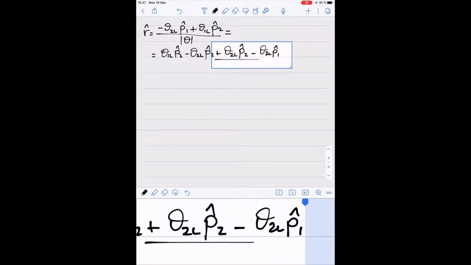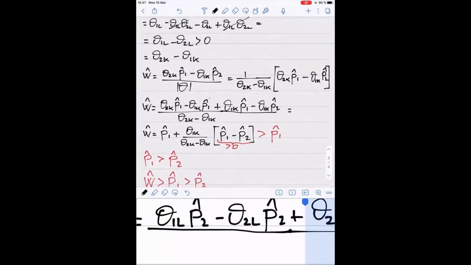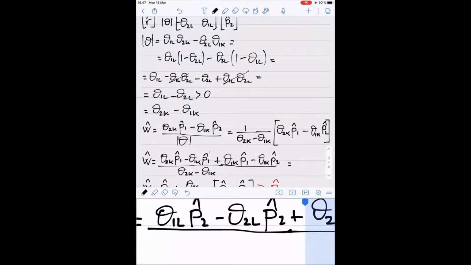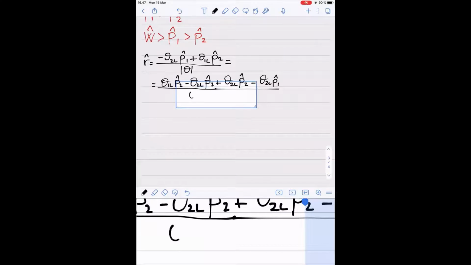And all of this is divided by the determinant, which again is equal to theta 1L minus theta 2L.